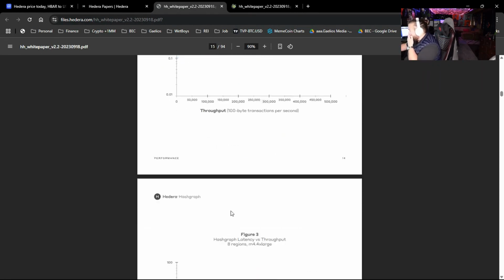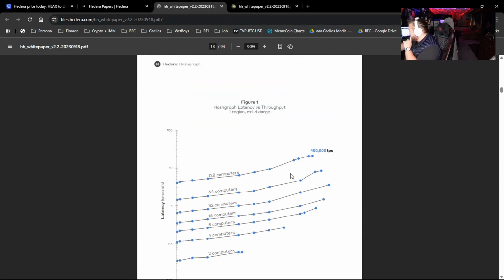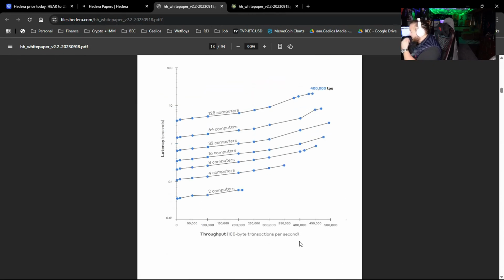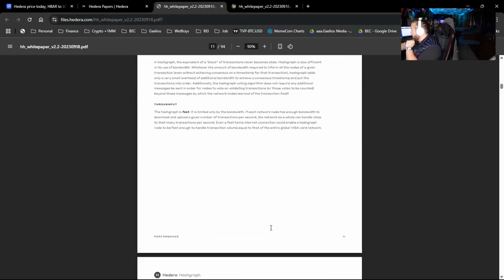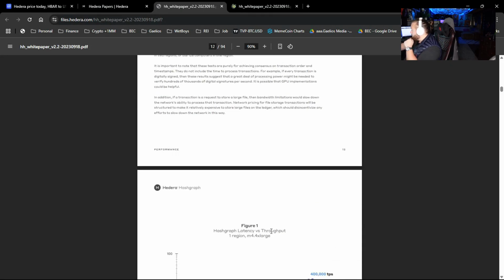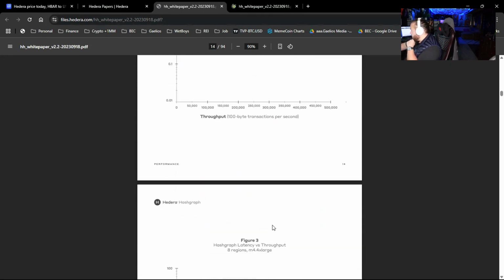Or you find something like this, that with the more nodes, the more computers, the more TPS, the faster the system gets, which is why I really like Hedera. The Gossip Network consensus model is super unique. They have a patent on it too.